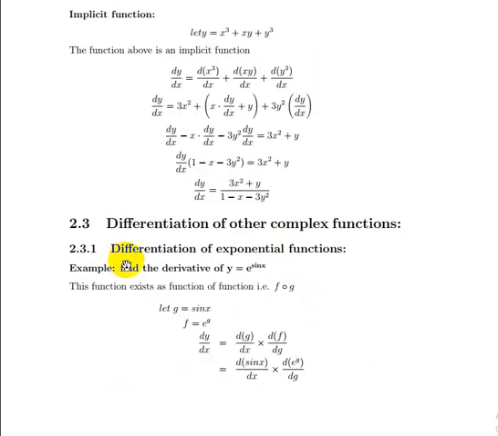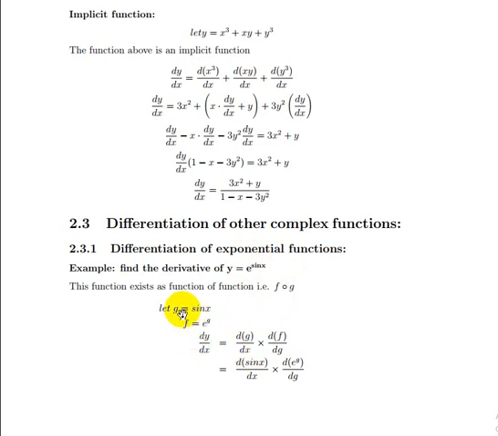So now for a complex function, let's say you have the differentiation of y equals e raised to power sine x. Now you see that e raised to power sine x is a function of a function. So sine x here is a function in itself. So in order to calculate this, I differentiate the innermost function, sine x here, times the outermost function with respect to the innermost function.